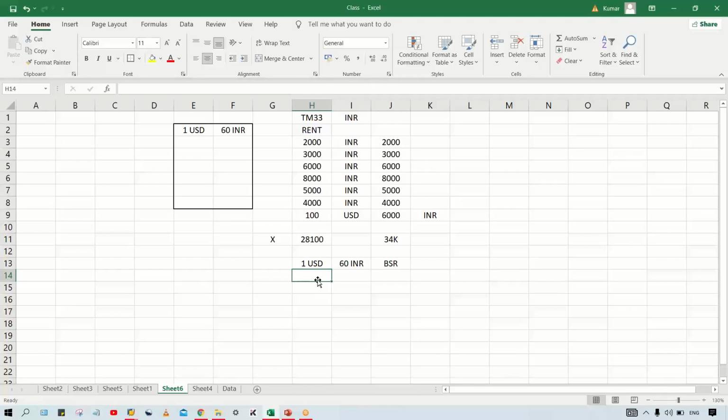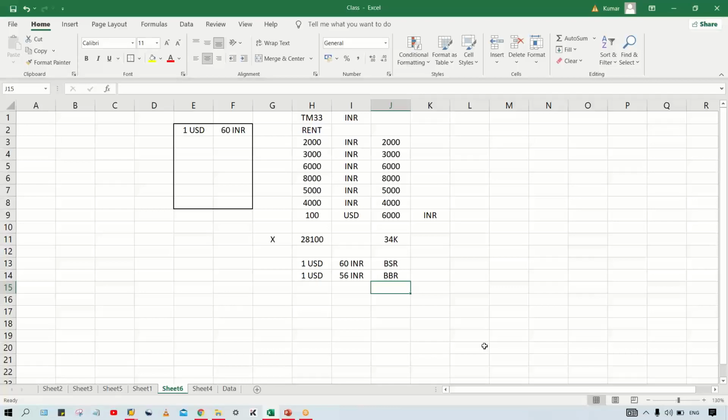This time the bank is saying, you have US dollars, so I will buy these US dollars from you. But the condition is I'll give you only this much. So look here, at this rate the bank is selling the US dollar, and at this rate the bank is buying the US dollar. So this is called the bank buying rate.